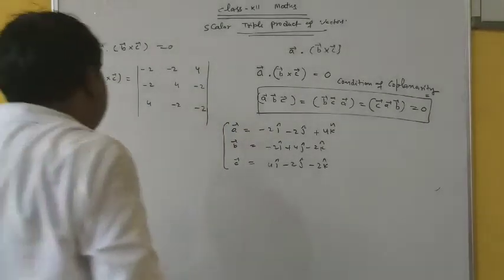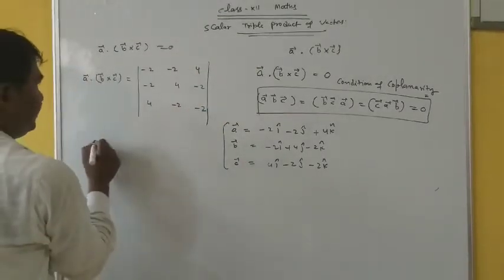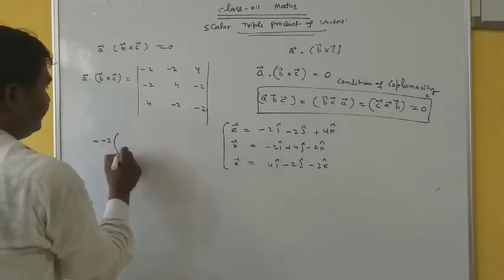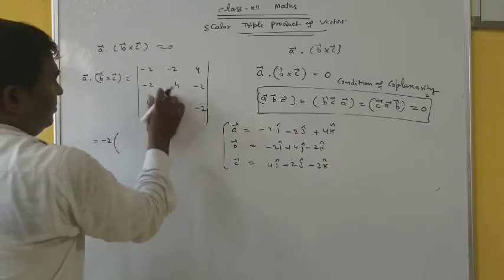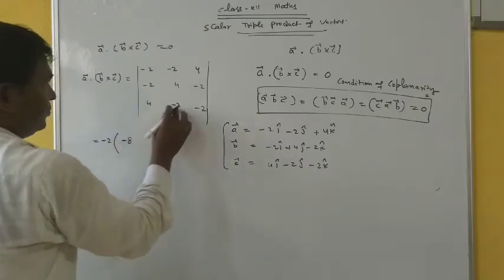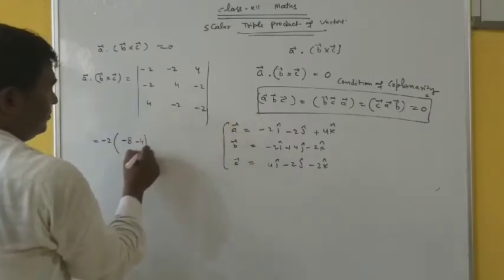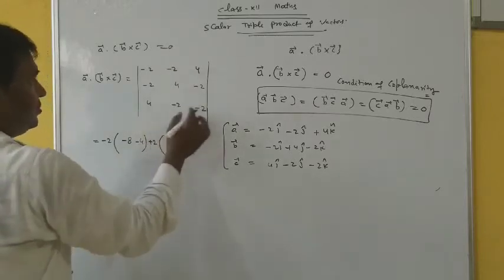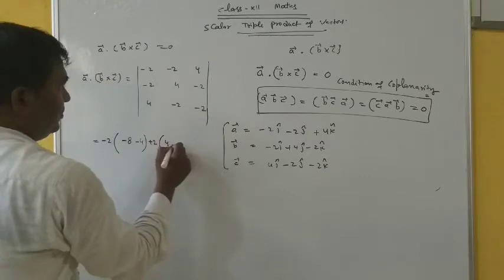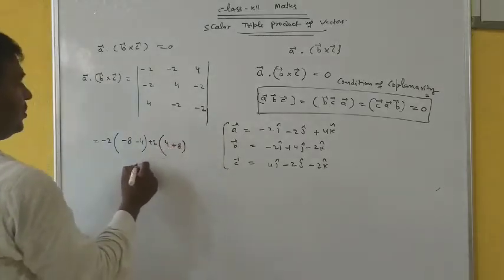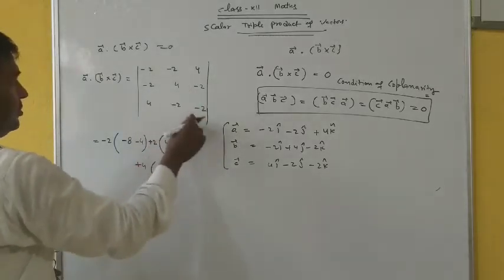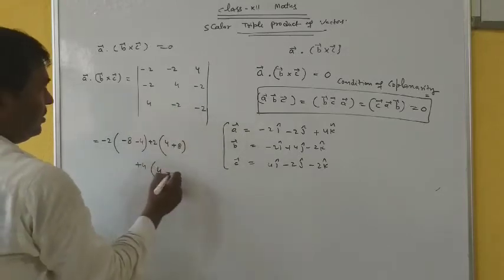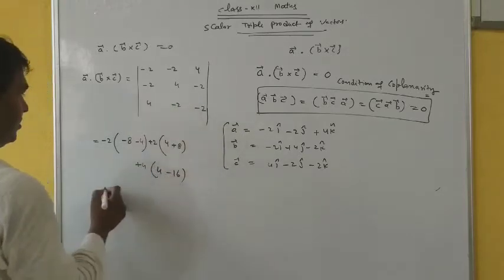Okay, let's see, calculating its value, minus 2, thereafter minus 8, minus 4, minus plus 2, here 4 plus 8 plus 4, here 4 minus 16.